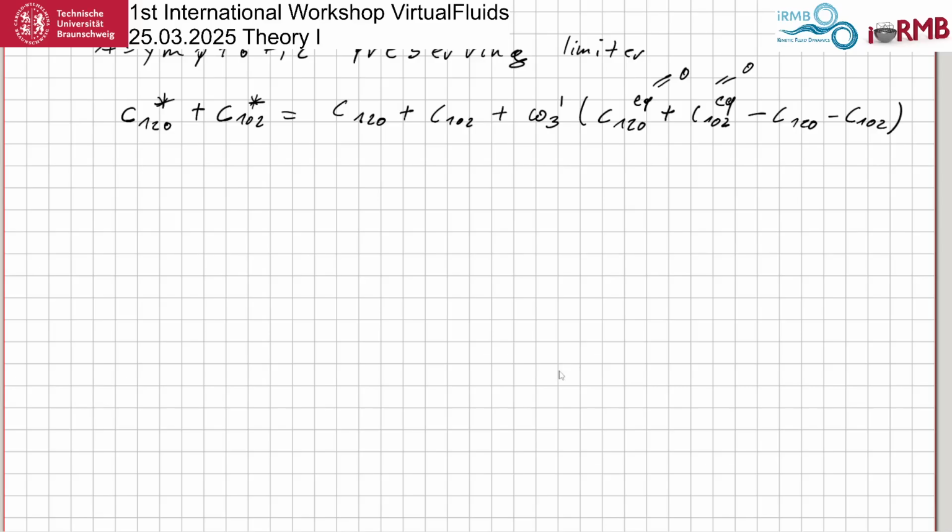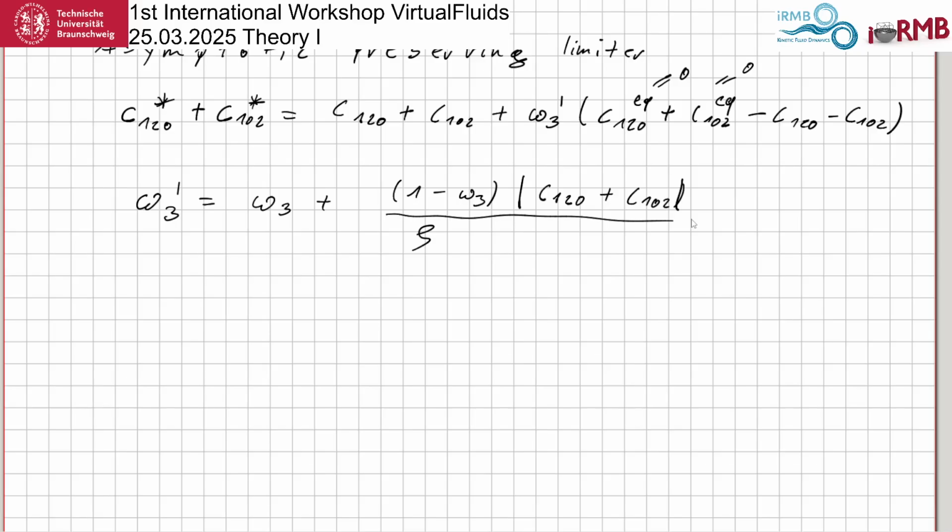So because they are 0, what we can do is we can write omega 3 dash is equal to omega 3 plus 1 minus omega 3 into the absolute value or the magnitude of C120 plus C102 divided by, okay, I have to make, yes.